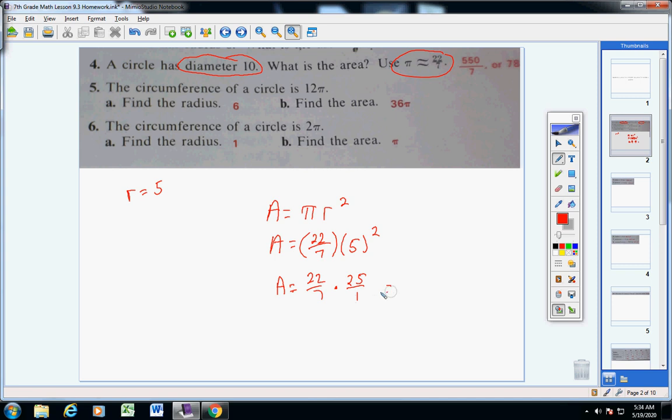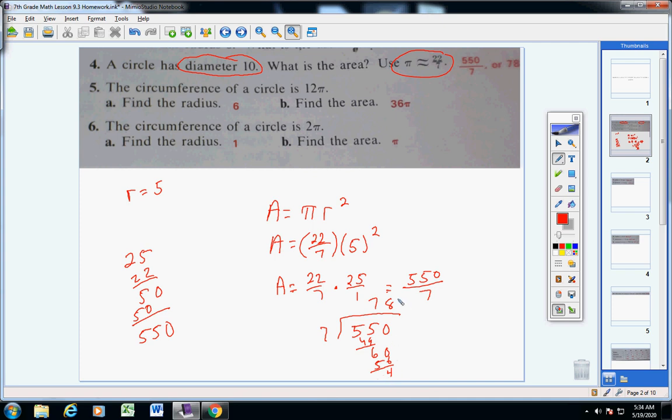Nothing cancels. 22 times 25 would be 550. And 7 times 1 is 7. And let's make that a mixed number, okay? It'd be better since we're finding area. So 7 goes into 550. Let's see. 7 times 49, subtract. 7 goes into 60 8 times. 8 times 7, 56.